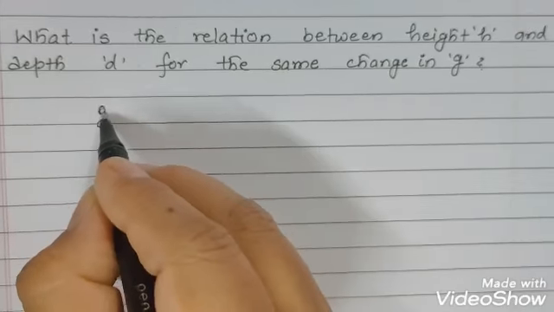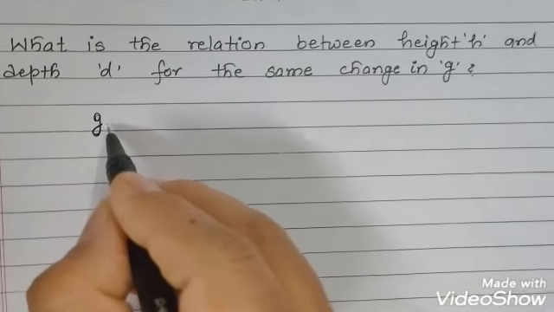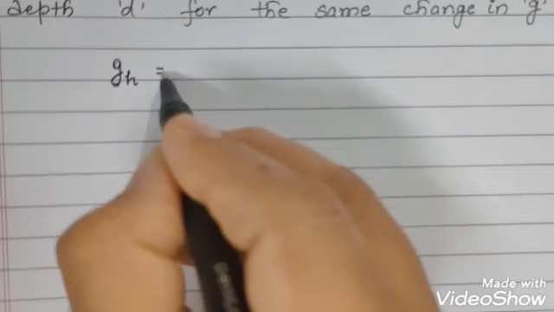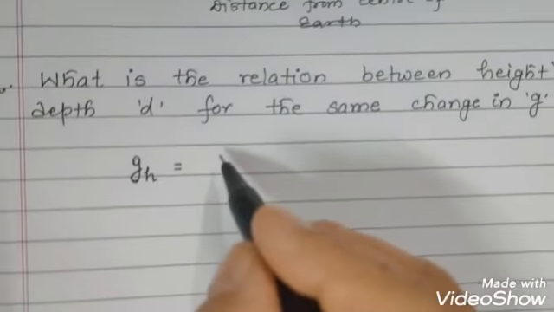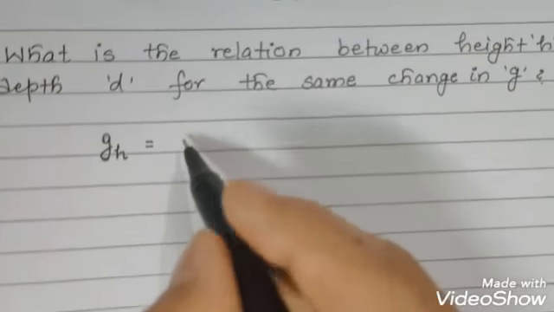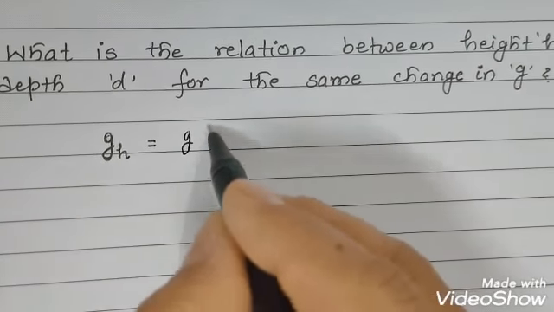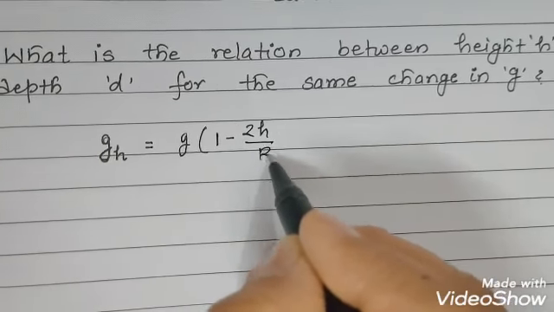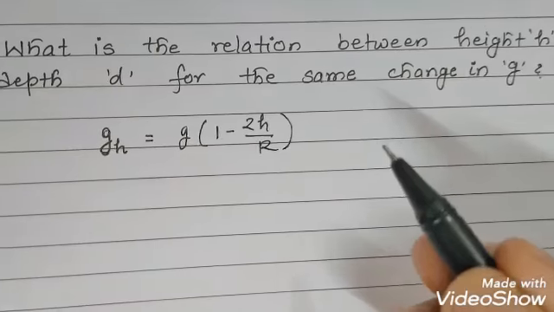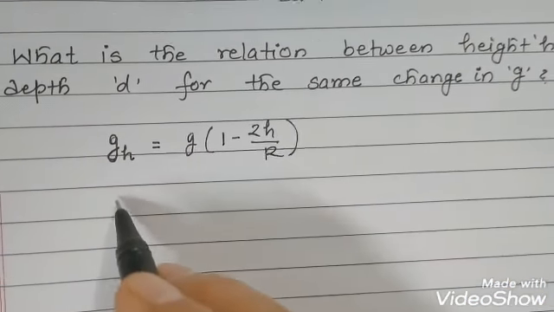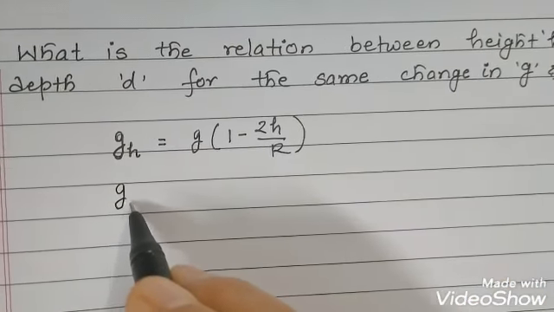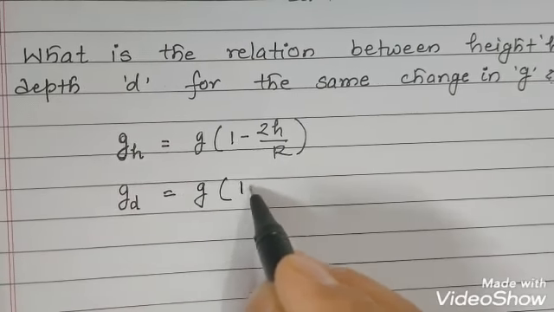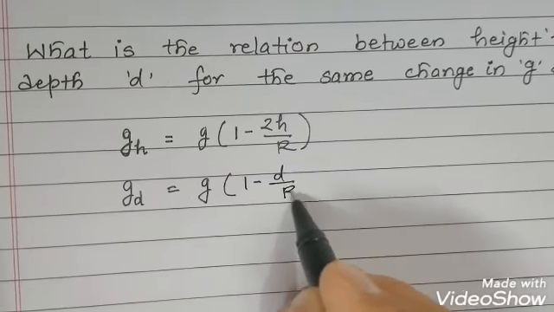We denote it here with gh, and the formula is gh = g(1 - 2h/R). Another formula we have seen for the depth, I am writing it as gd, is gd = g(1 - d/R).